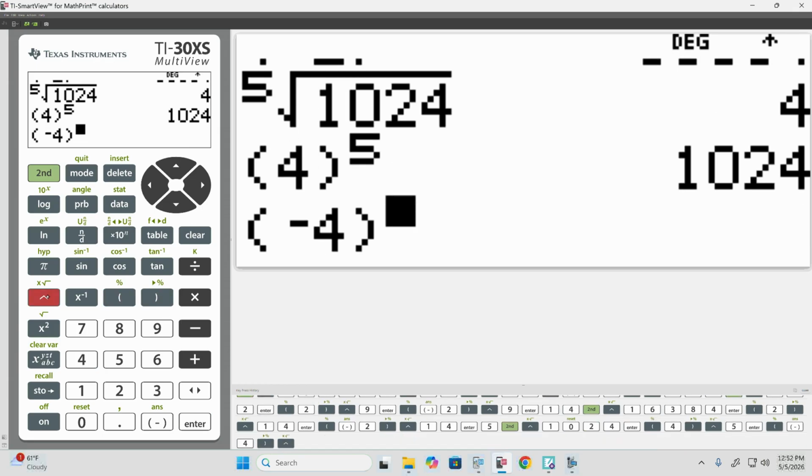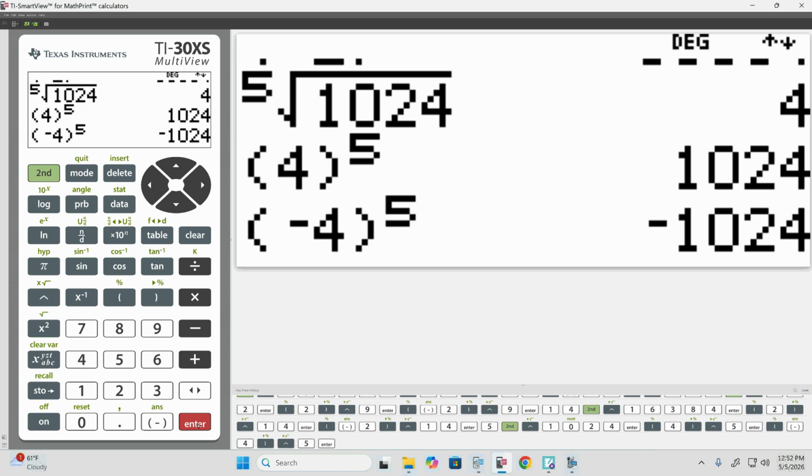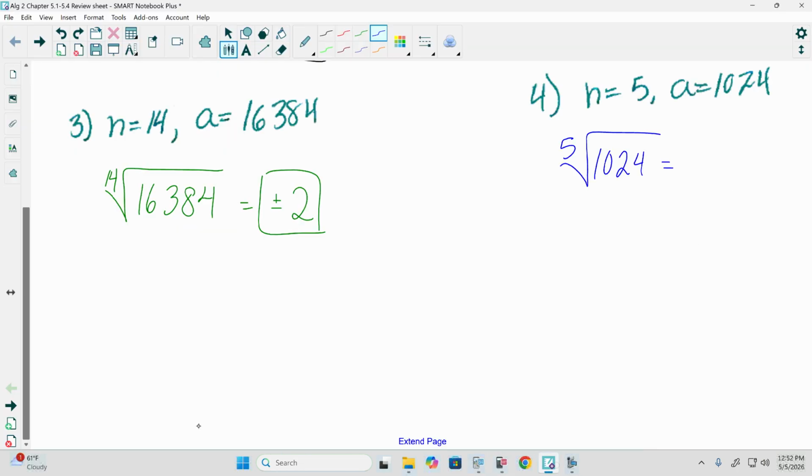However, we would not have the negative case because we took an odd root, because negative 4 to the 5th power would give us negative 1024, not positive. It's just going to be 4. Questions on this here?